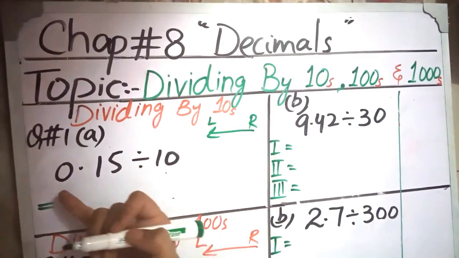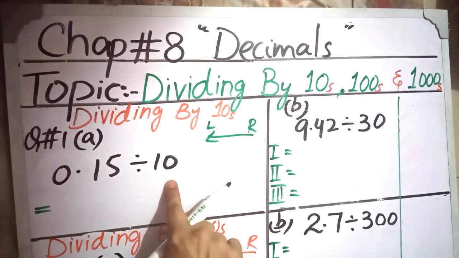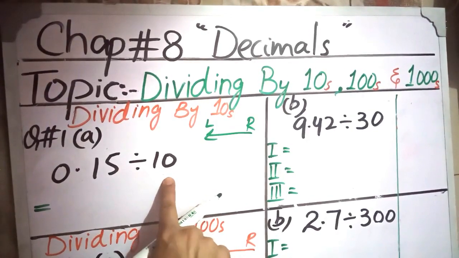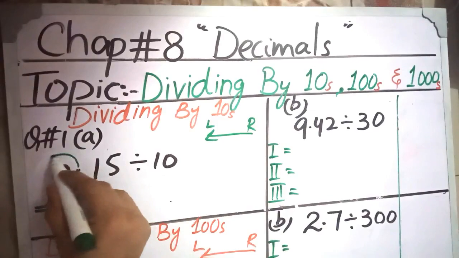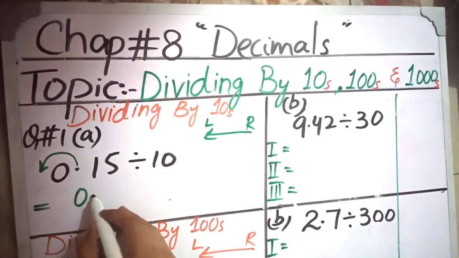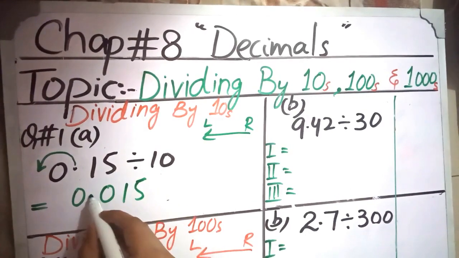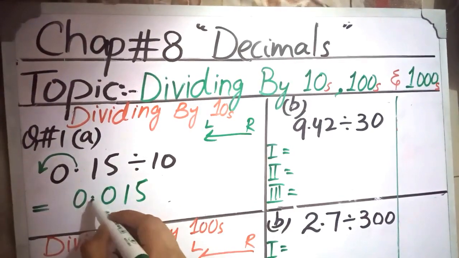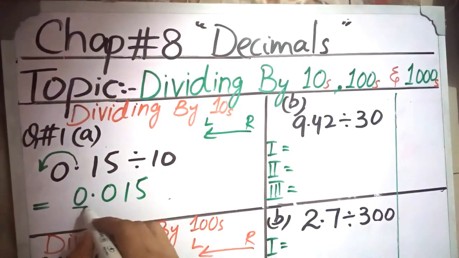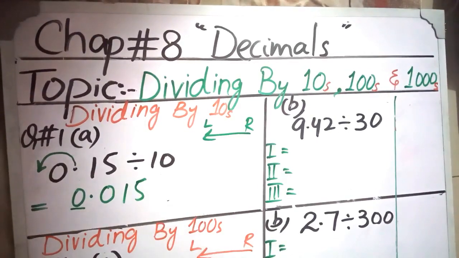Like this, in 0.15 divided by 10, we have to shift from right to left. The answer will become 0.015. Here can you see the point will shift here, but we will put an extra 0 to balance the number.